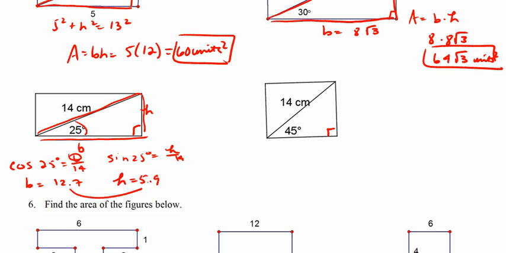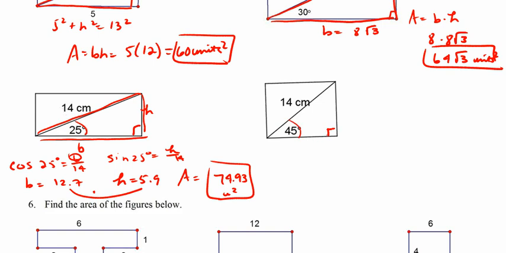I'm going to multiply those two together to get the area of 74.93 units squared. The last one, number 5, same deal. I know the diagonal of my rectangle, and I know one angle is 45 degrees.